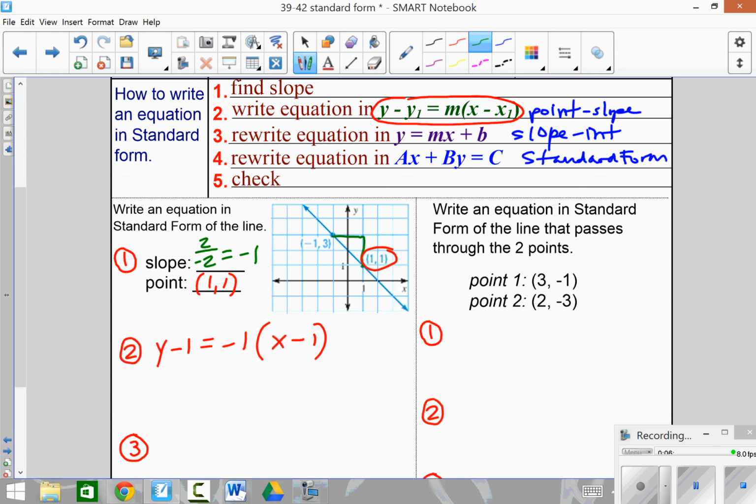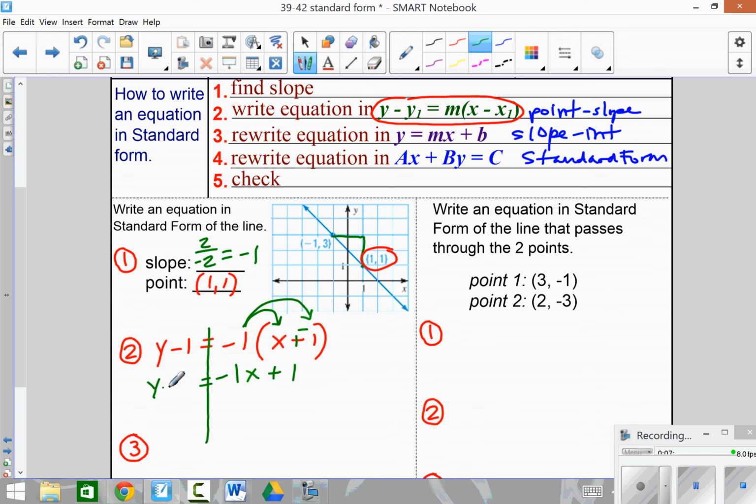Okay? Third step, let's rewrite our equation in y equals mx plus b. So let's go ahead and do some rewriting here. We're going to solve for y, so let's move everything over. The first thing I'm going to do is distribute. I'm going to distribute this negative 1 to this x to get rid of these parentheses. I'm going to get negative 1x plus negative 1 times negative 1 is positive 1.